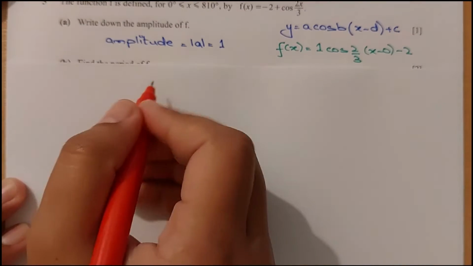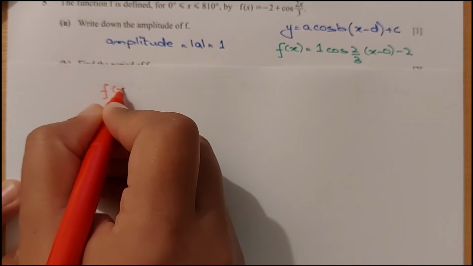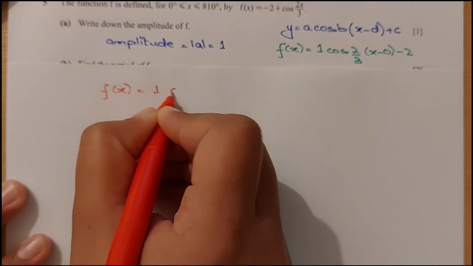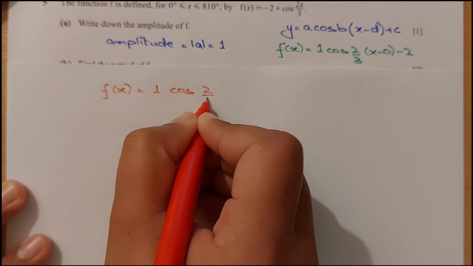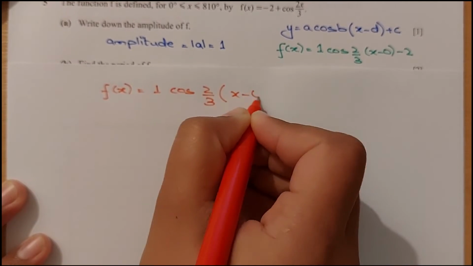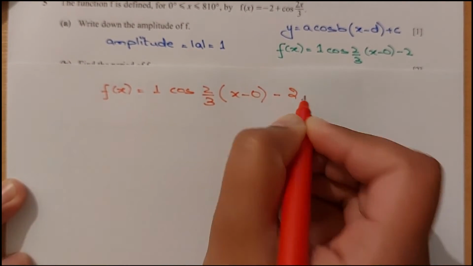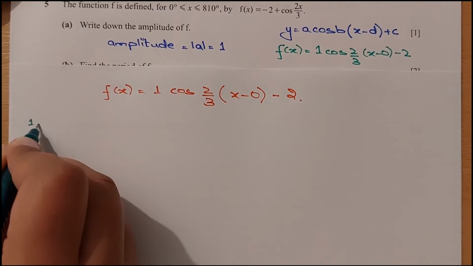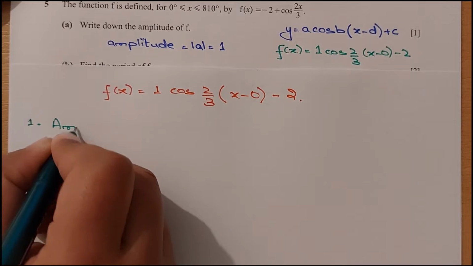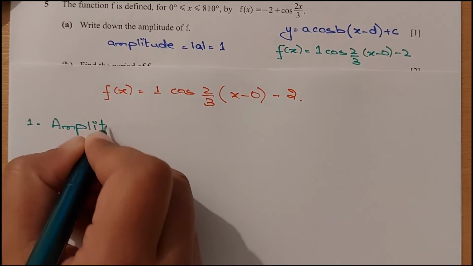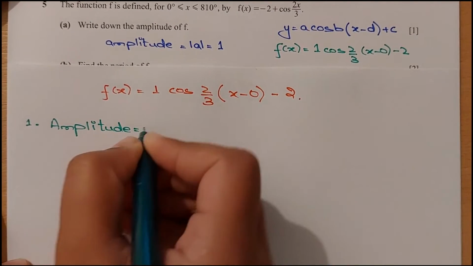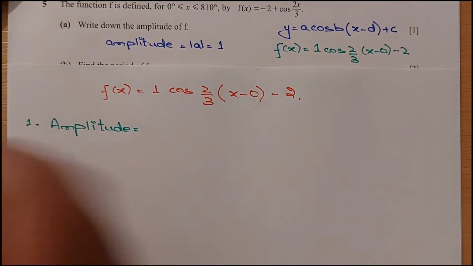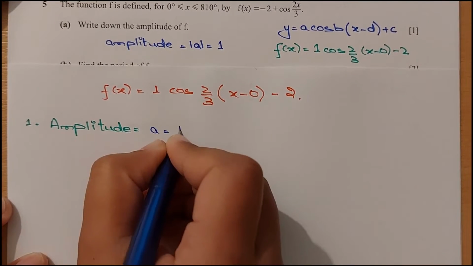Let me rewrite this as f of x equals 1 cos 2 by 3 x minus 0 minus 2, right? So the first thing we need is the amplitude. Amplitude is the absolute value of a, that is equal to 1.